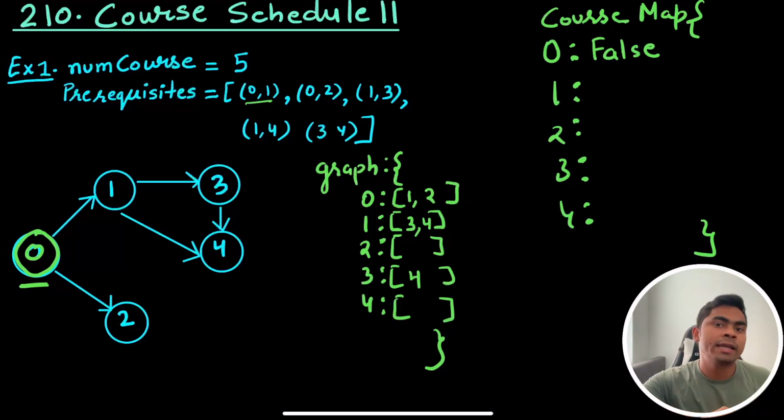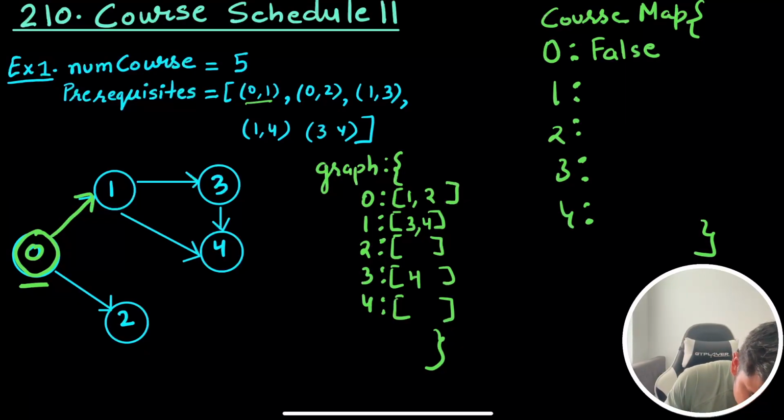I will only mark it done when I have done all its prerequisites and come back to it, and then I will mark this true if possible. There might be some dependency pointing to 0, and while completing 0's prerequisites, one of the prerequisites has 0 as a prerequisite, then it becomes a cycle and we can't complete it. So that is why I'll be marking it initially false.